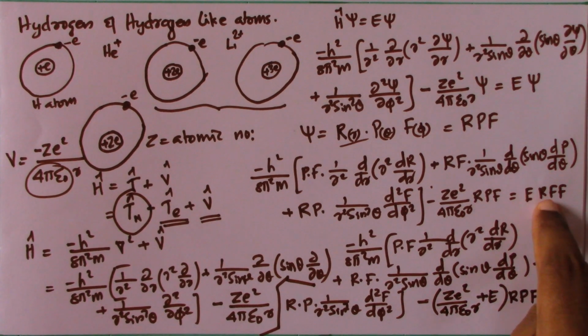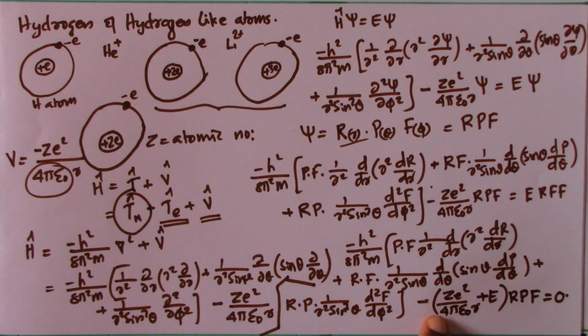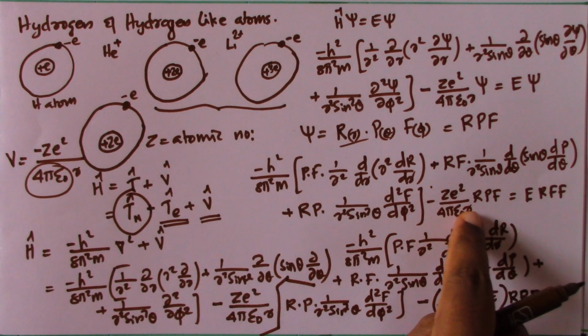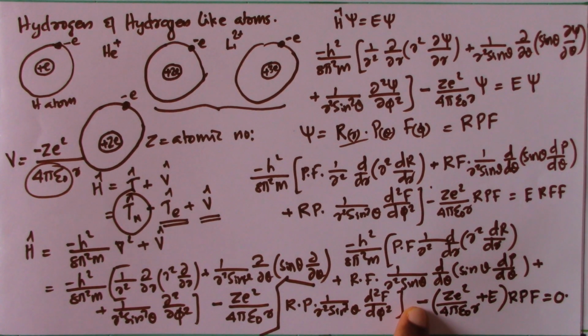What we have done is that we brought this here so that it will be minus E R P F. We already have minus Z e square by 4 pi epsilon 0 R P F. So R P F is a common factor, and minus is also a common factor in both terms. Then we get minus of Z e square by 4 pi epsilon 0 r plus E into R P F is equal to 0.